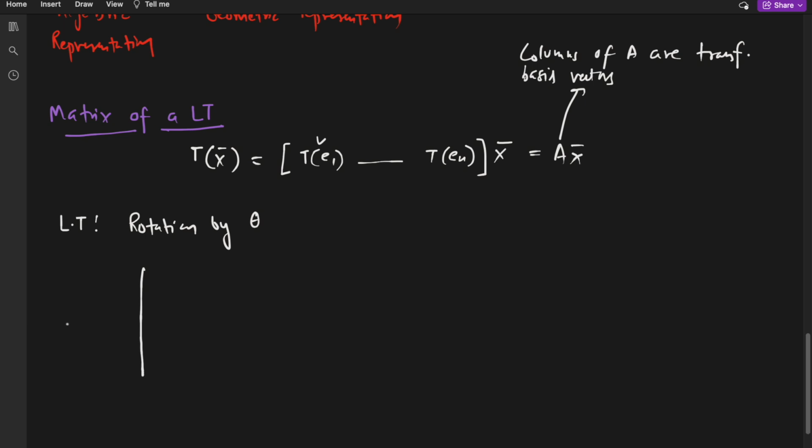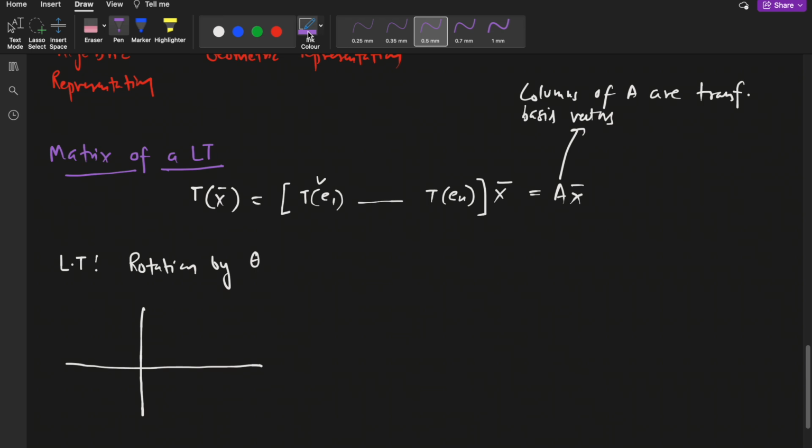I will share the link in the description. All right. Okay, so we have these two basis vectors, right? This is simple R2 space. We have the first basis vector E1, and we have the second basis vector E2.